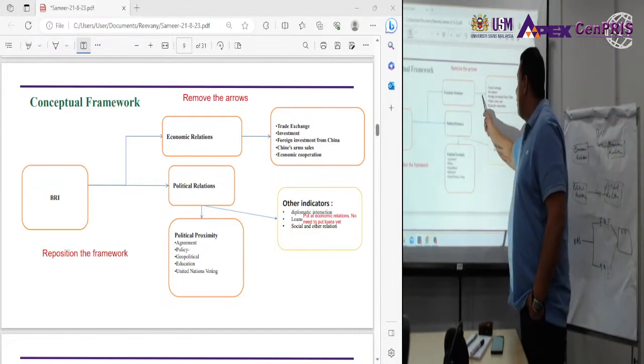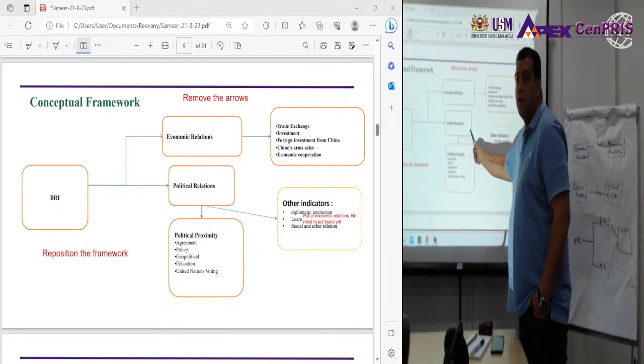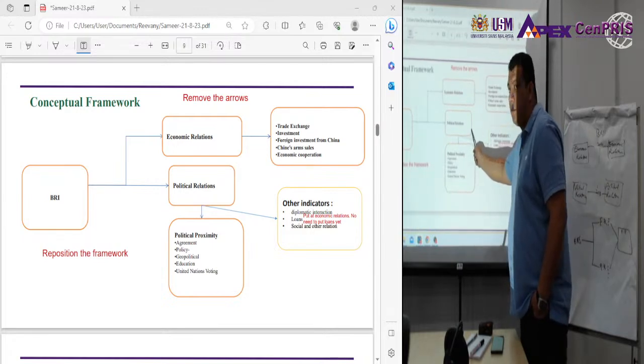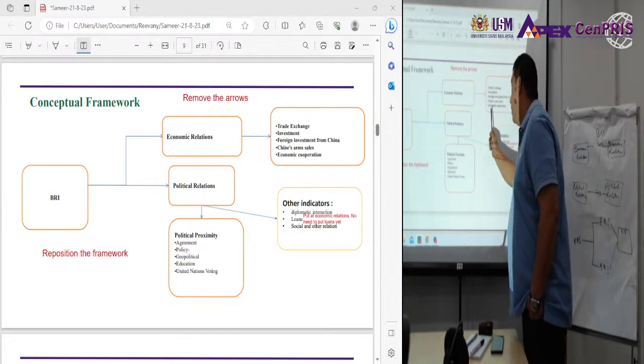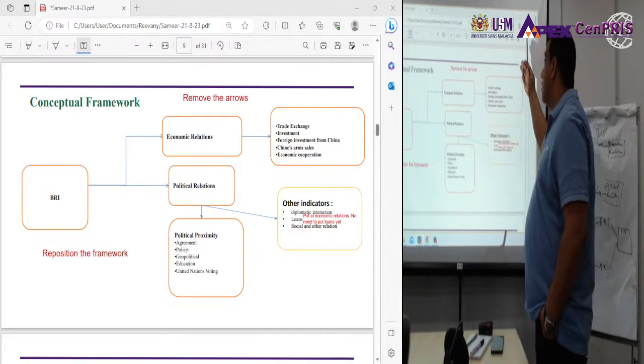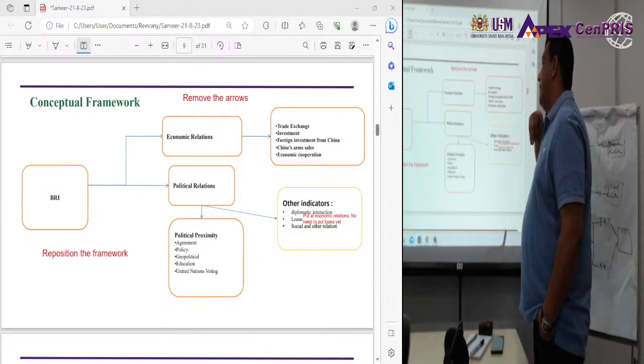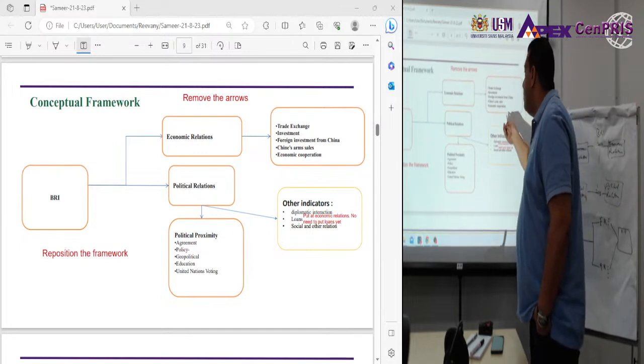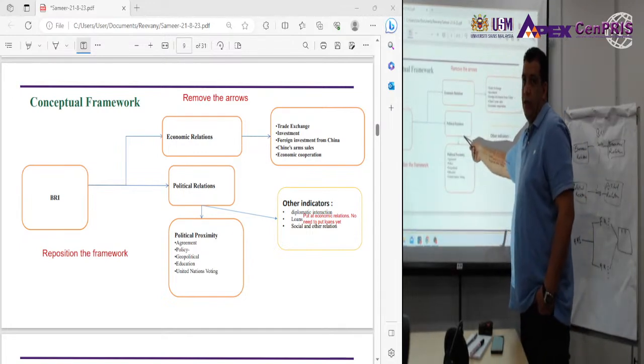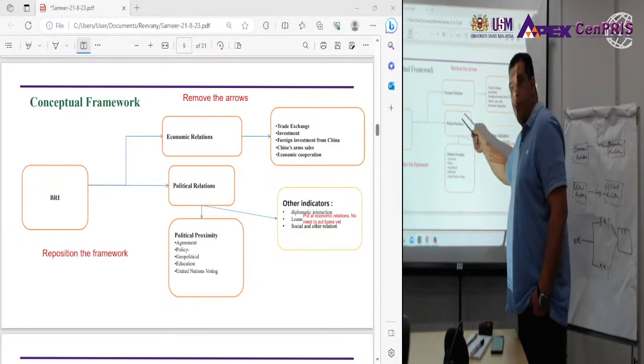If I put this one here, trade exchange, investment, and the political relations. The economic relation, during trade exchange and investment, normally makes political relation.